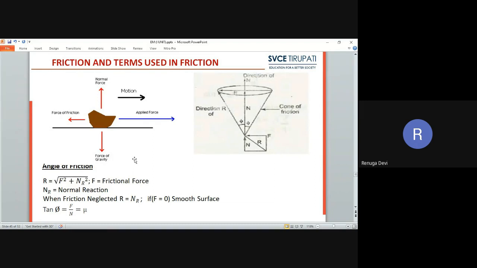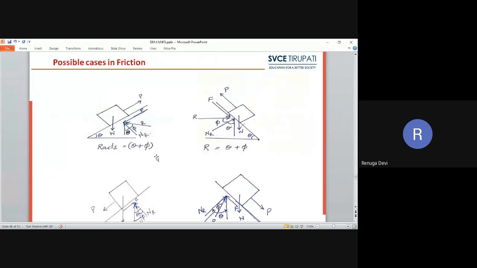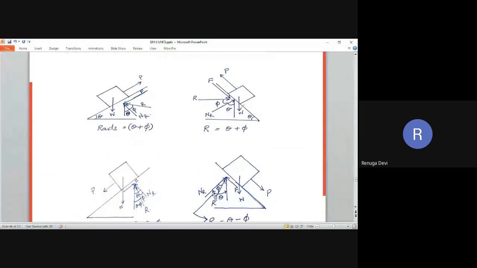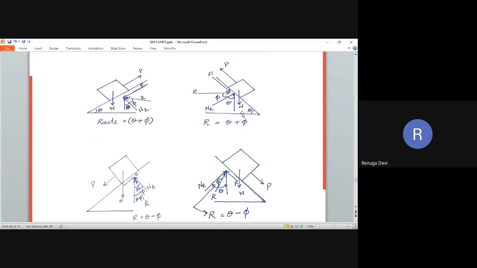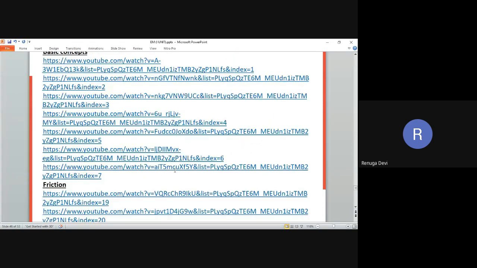The normal reaction is always constant. The body weight, the mass, is also always constant. The friction always works with respect to the motion of the body. So it creates a cone, and it's called the cone of friction. These are the various cases applied when the body moves on an inclined plane.